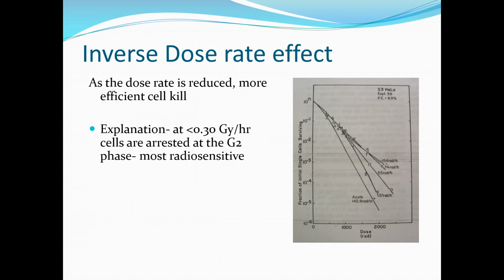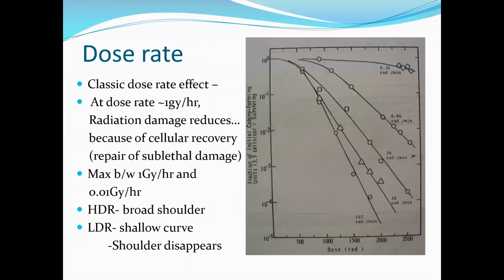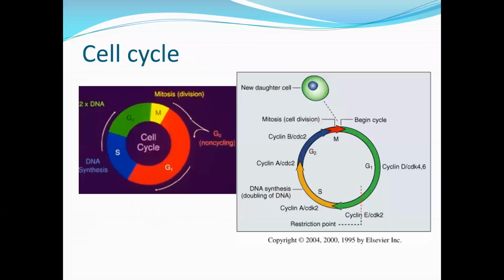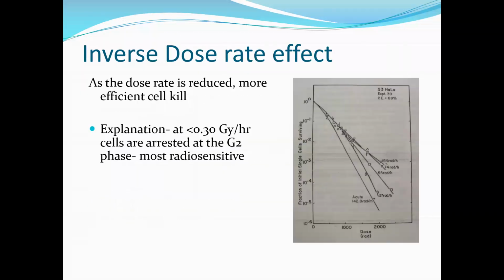Inverse dose rate effect: as the dose rate is reduced, there is more efficient cell kill at less than 0.3 gray per hour. If you notice here, 0.36 rads per minute was the upper one. As the dose rate reduces, 142, 137, 55, 74, 154. So 55 and 74 rads have a greater cell kill compared to 154 rads.